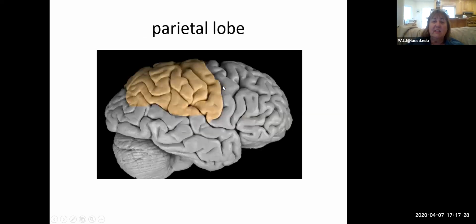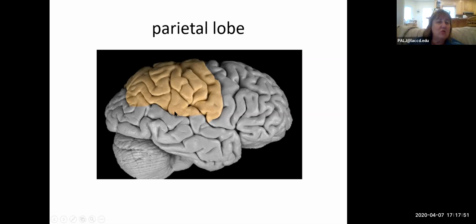Okay. Continuing on, going back to the central sulcus, if we are posterior to it, the next part of the brain is called the parietal lobe. So have you figured out by now that the major lobes of the brain are named for the bones of the skull that they're deep to? Okay. So here is the parietal lobe.